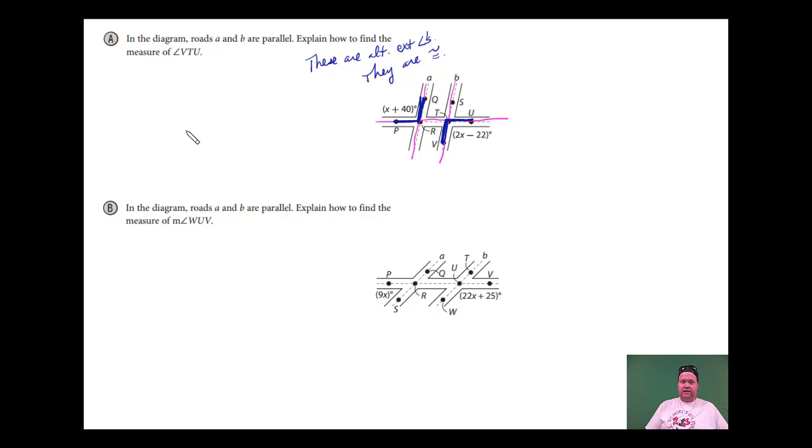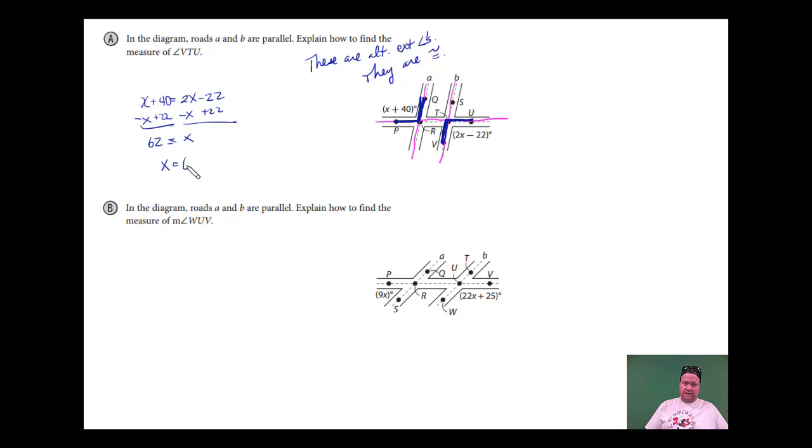x plus 40 is equal to 2x minus 22, and we can solve that for x. I'm just going to take away an x, and at the same time I'll go ahead and add a 22 to both sides, and I'll get x equals 62. And that's not what the answer is.